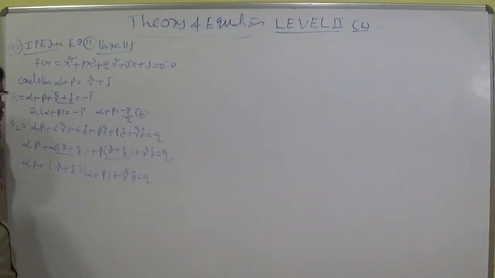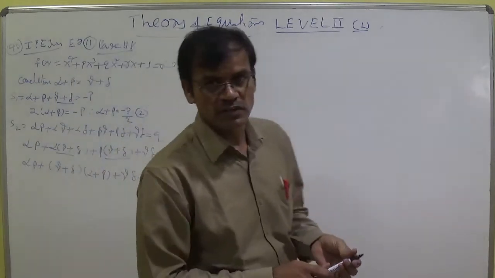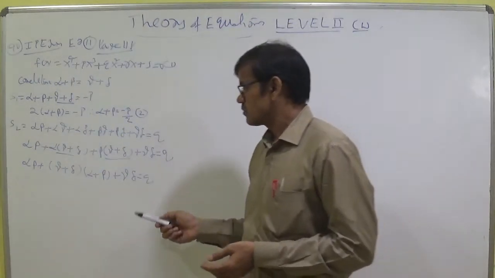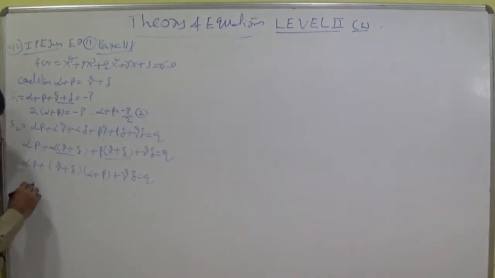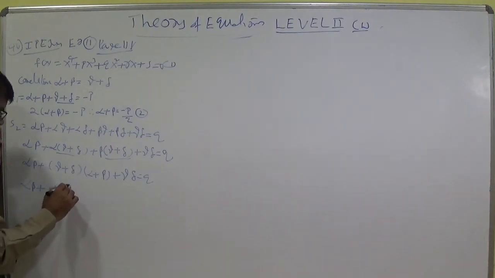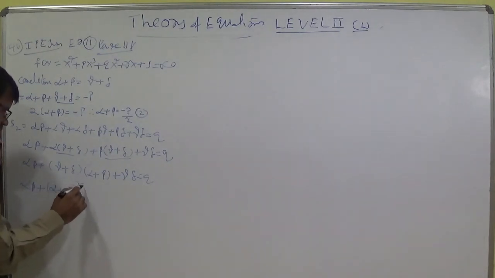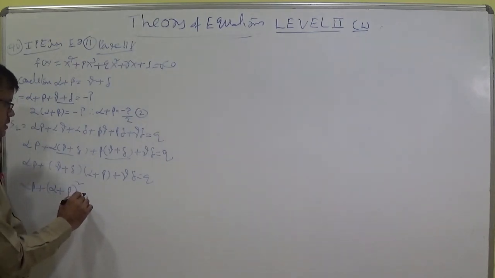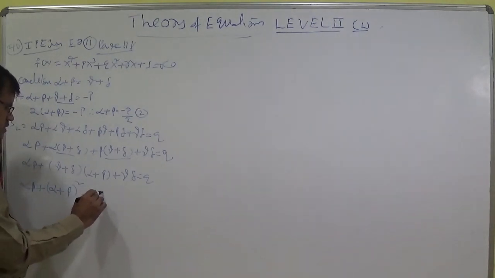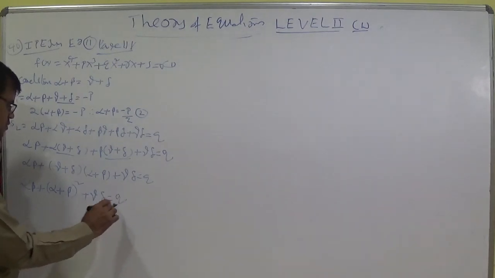For product of roots I said the sum, but for sum of roots I did not say, students. Okay, let us discuss here. Alpha beta plus, since gamma plus delta is also equal to alpha plus beta, I am writing here alpha plus beta whole square plus gamma delta is equal to q.